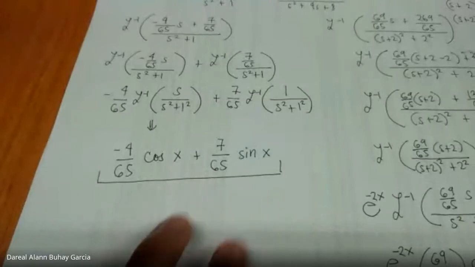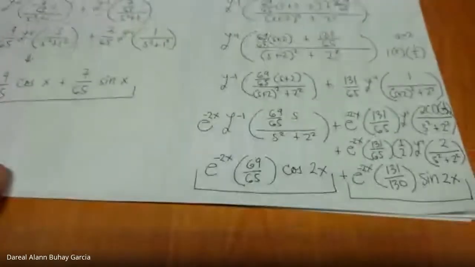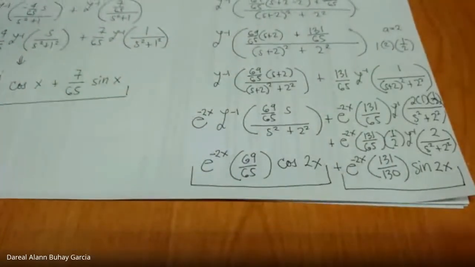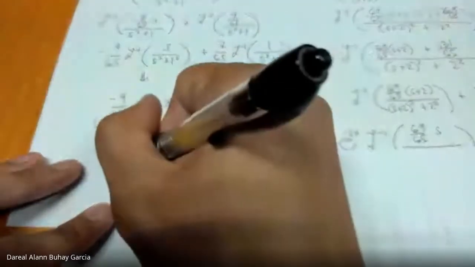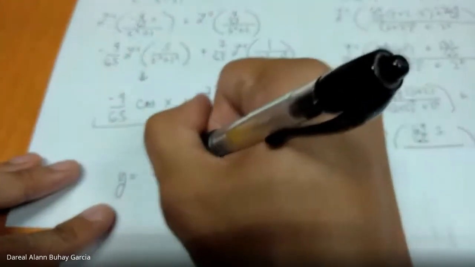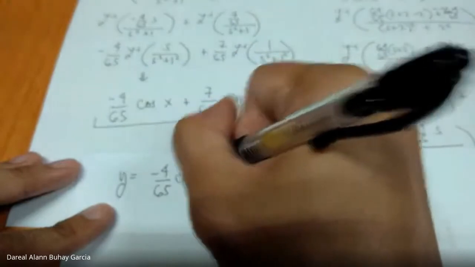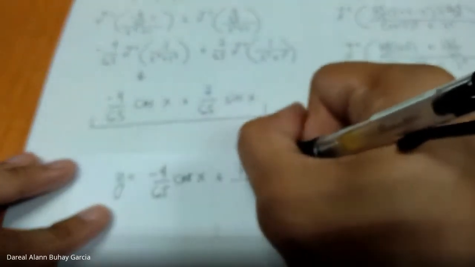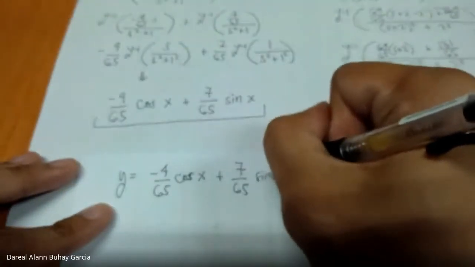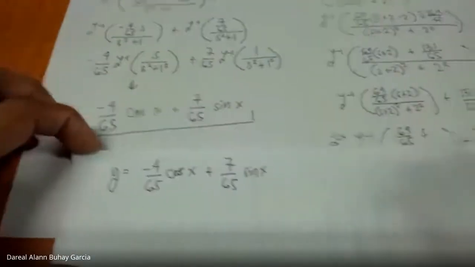This one plus this one is our final answer. So formally written, our final answer would be y is equal to negative 4 over 65 cosine x plus 7 over 65 sine x.